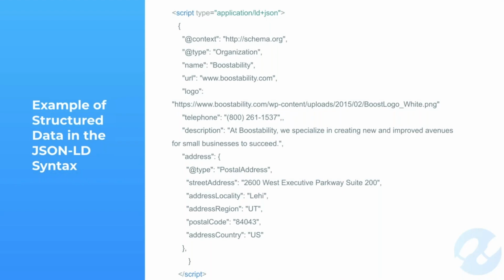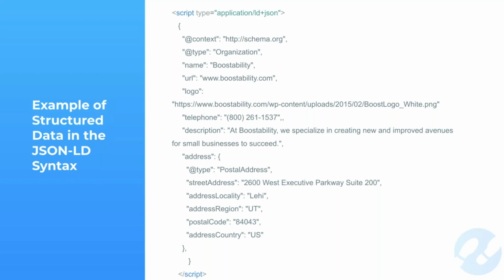This goes back a little bit into the example we were talking about before we got into vocabularies and syntaxes, where if you're a business, it depends on what you need to mark up. This is what it looks like, and this is how you can implement it. For the Boostability content here, we're identifying this content, and this is something that could turn into that business profile on the sidebar.